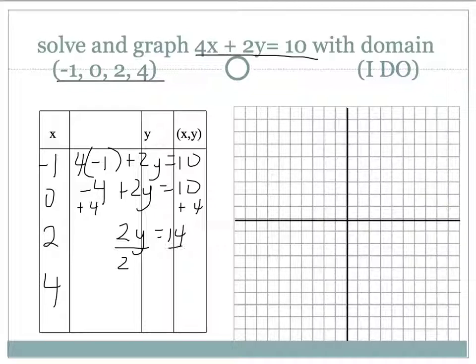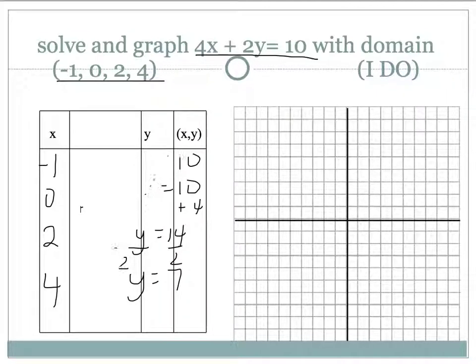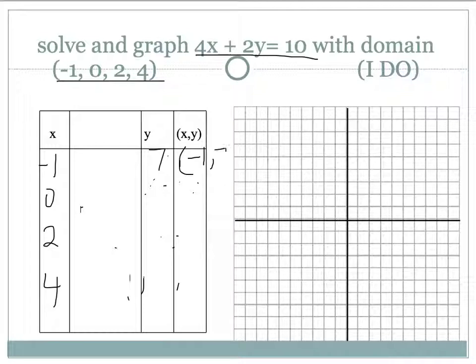Divide by 2, so y is equal to 7. So my coordinate would be negative 1, 7.